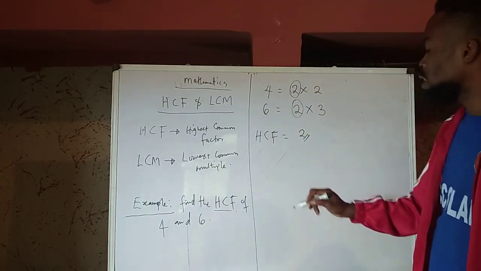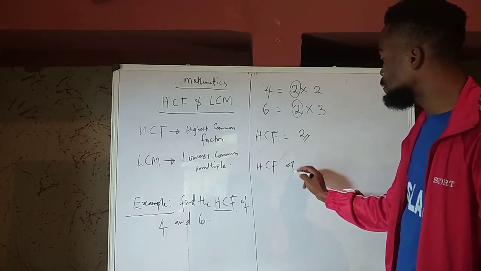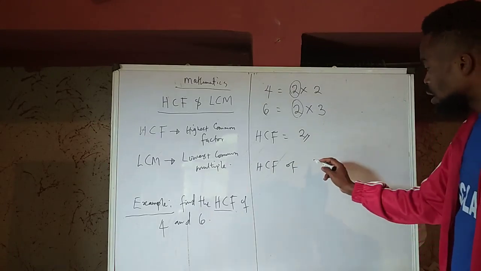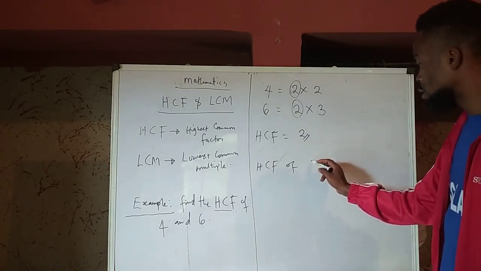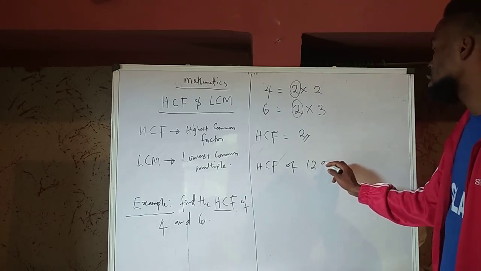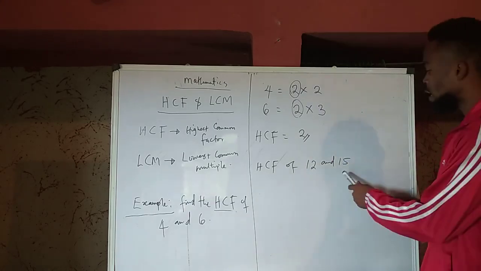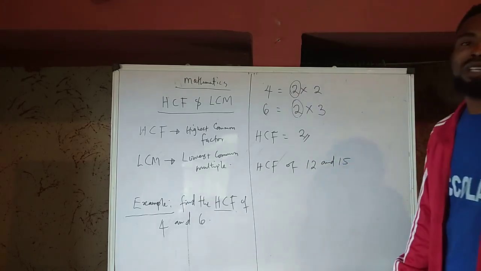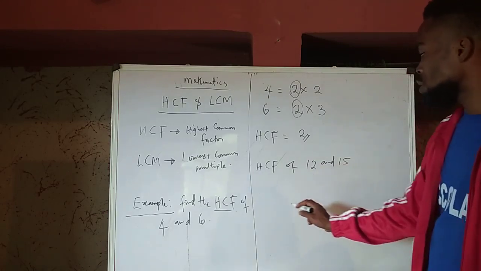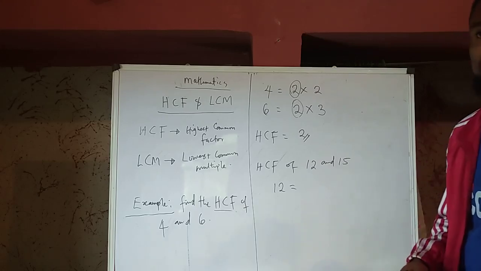Okay, let's look at another instance. Let's say the highest common factor of 12 and 15. That's what we are looking for now. So first of all, we are going to write out the factors of 12.